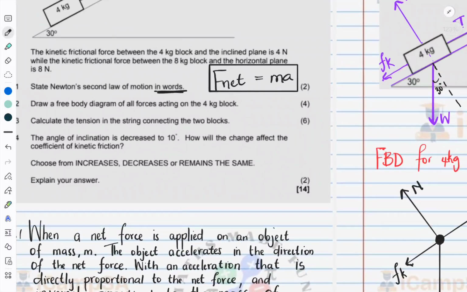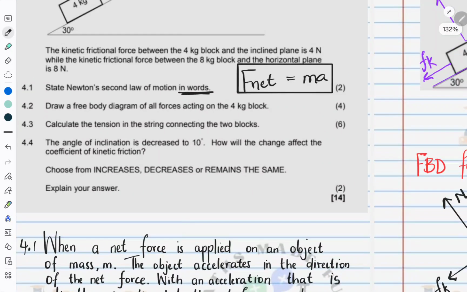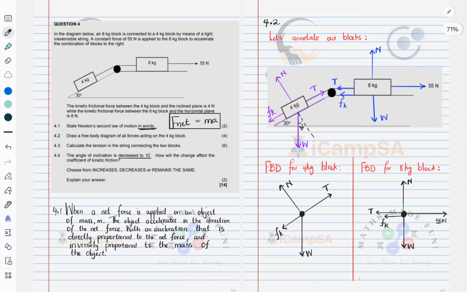They decrease the angle of inclination to 10 degrees. Now, how will this change affect the coefficient of kinetic friction? It's very simple. The coefficient of kinetic friction will not be affected by us decreasing the angle, right? It will remain the same.